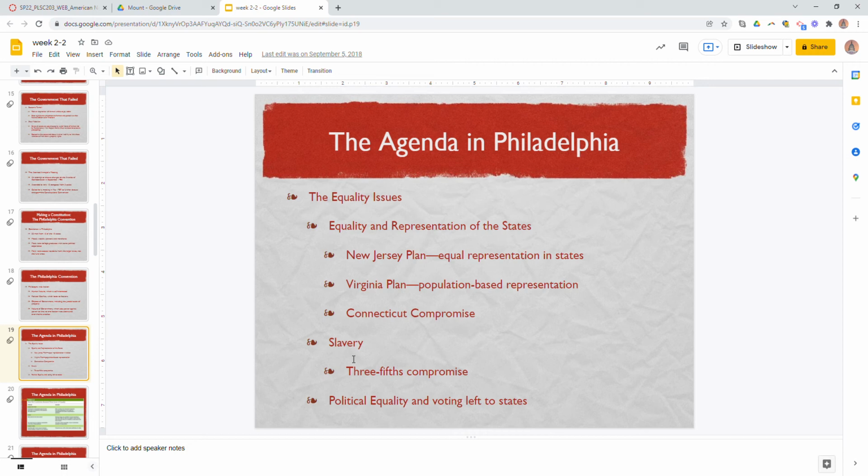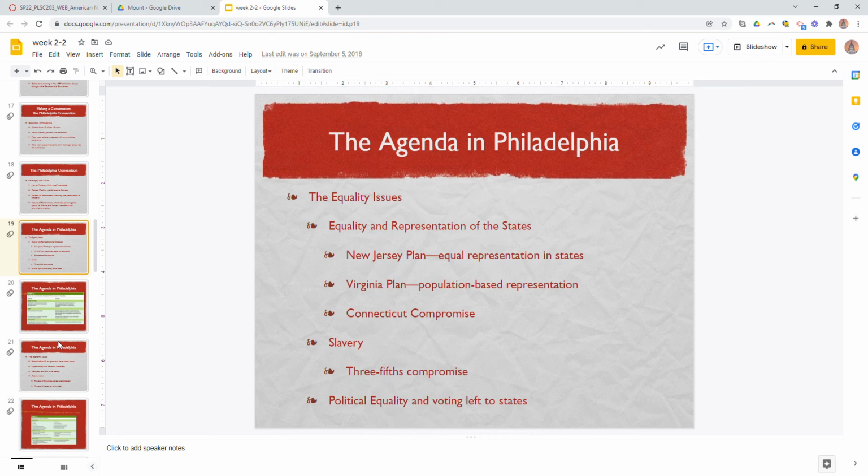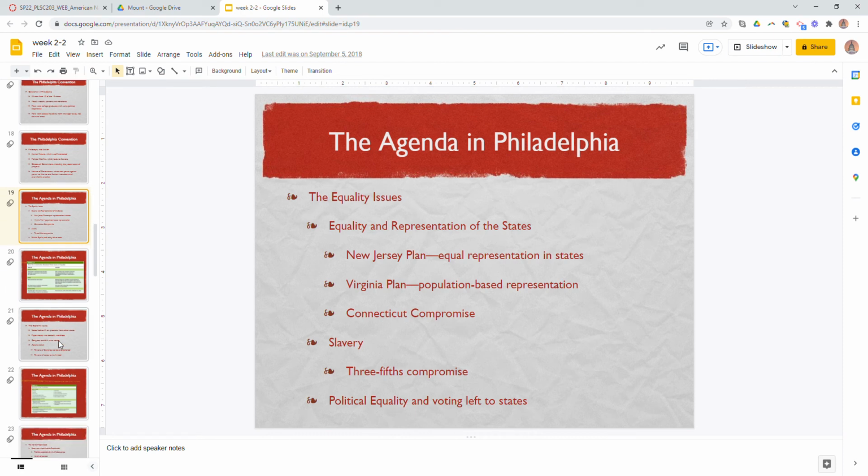The negative is it will lead 80 years later to the Civil War, which is still America's bloodiest war, over the question of slavery. The rest of equality and who can vote is left to the states and will be until after the Civil War. So this idea of equality that we think of doesn't exist until the 1870s.